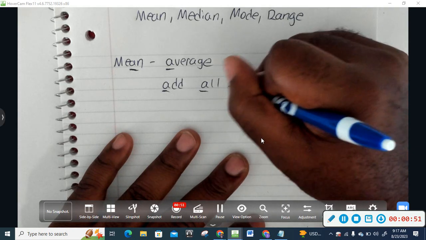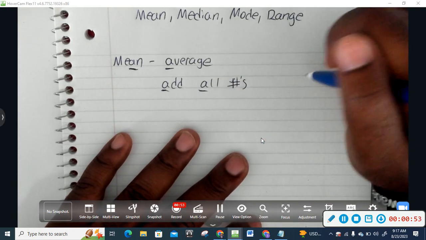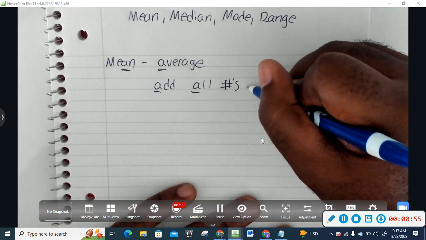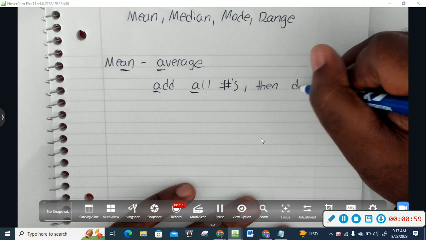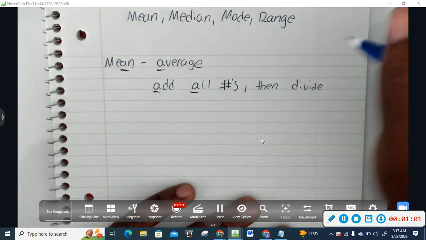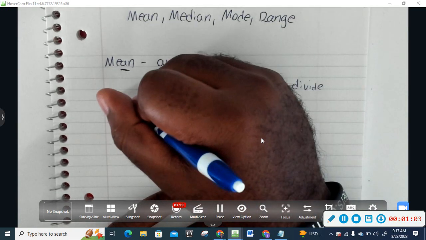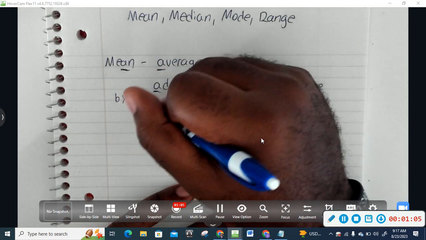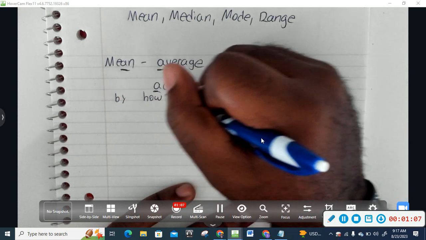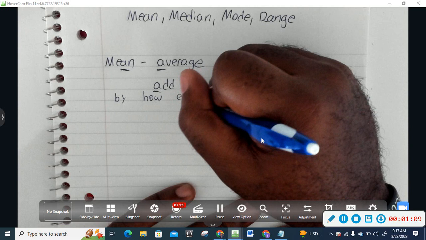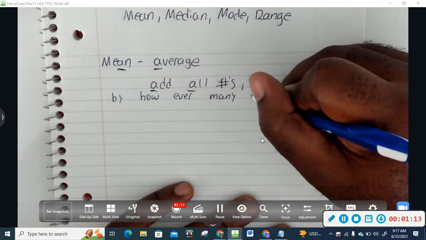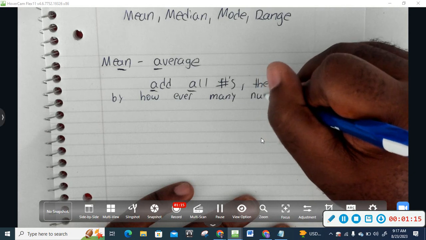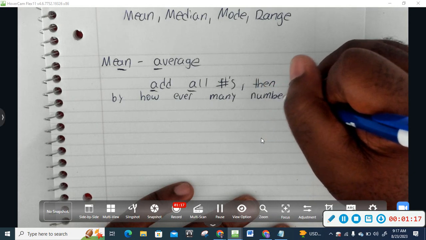Add all numbers. Then divide by how many numbers there are.